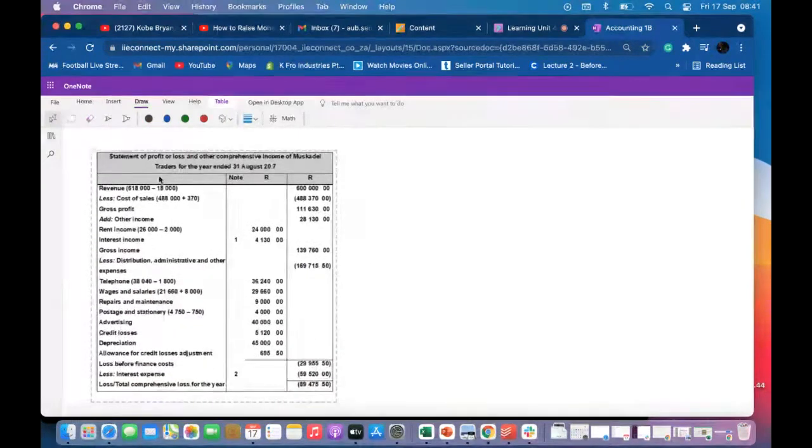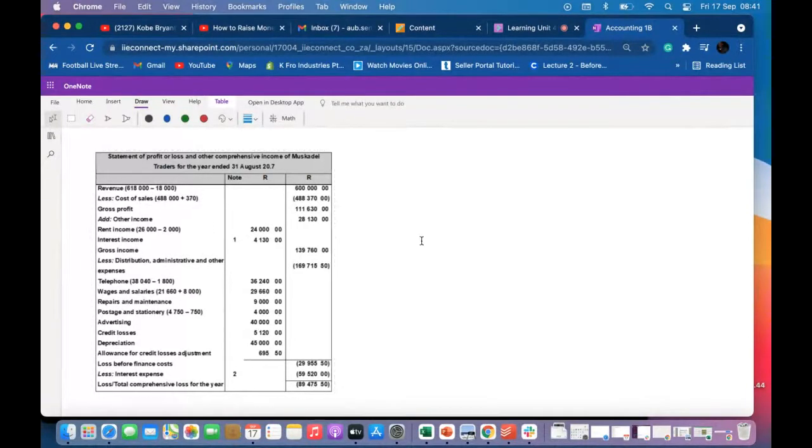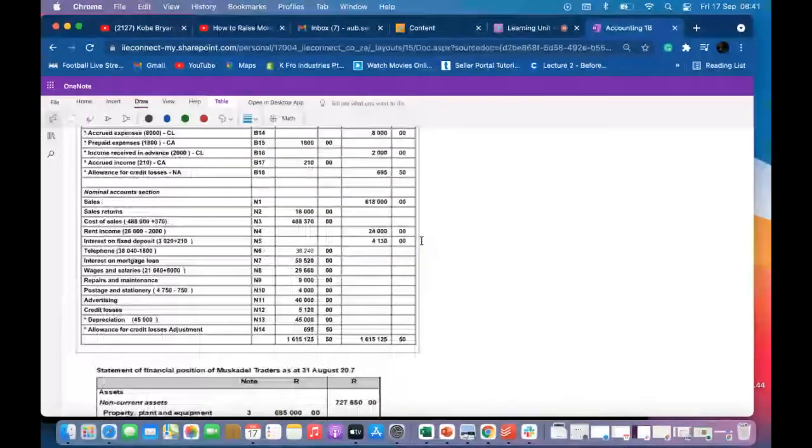Then here in the statement of financial position, we know our revenue has decreased. Where is this 18,000 coming from?